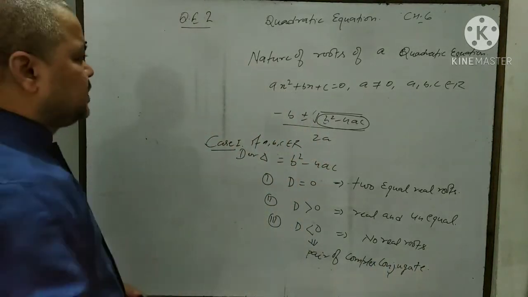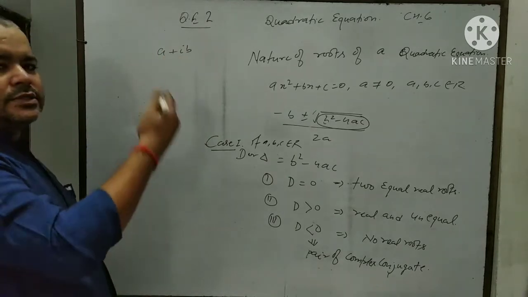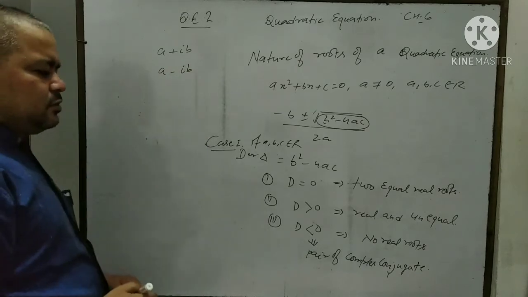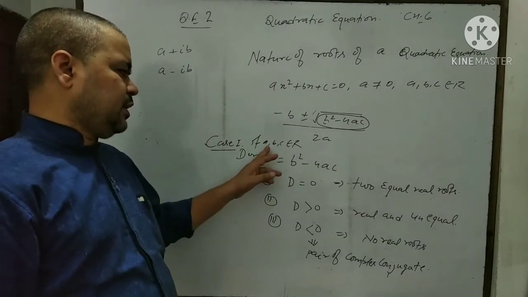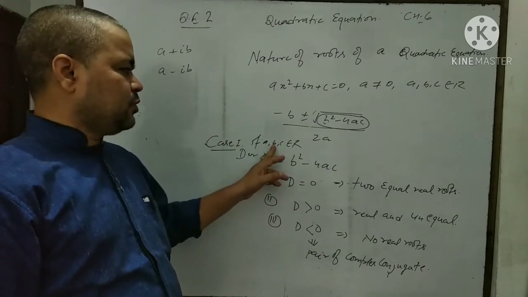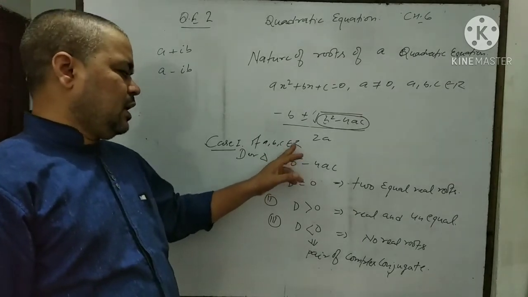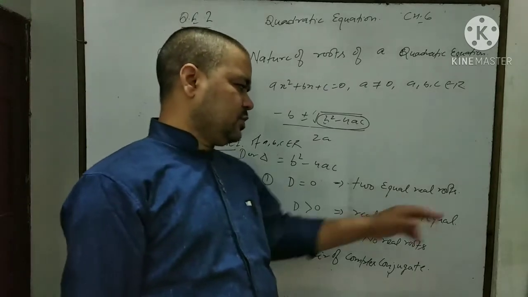You know what a complex conjugate is? A plus ib, then its complex conjugate will be a minus ib. In this way, a is the coefficient of x square, b is the coefficient of x, and c is the constant. If they are real and the discriminant is 0, then it has two equal real roots.